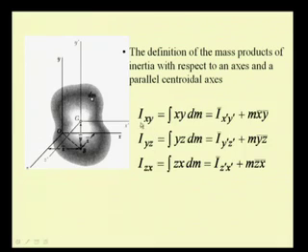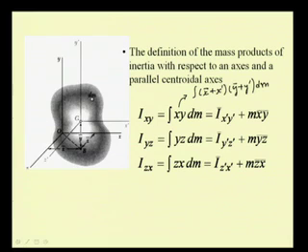So, we write I x y as integral x y dm. If I write x as x bar plus x prime, and y as y bar plus y prime, integral of x bar plus x prime times y bar plus y prime dm.